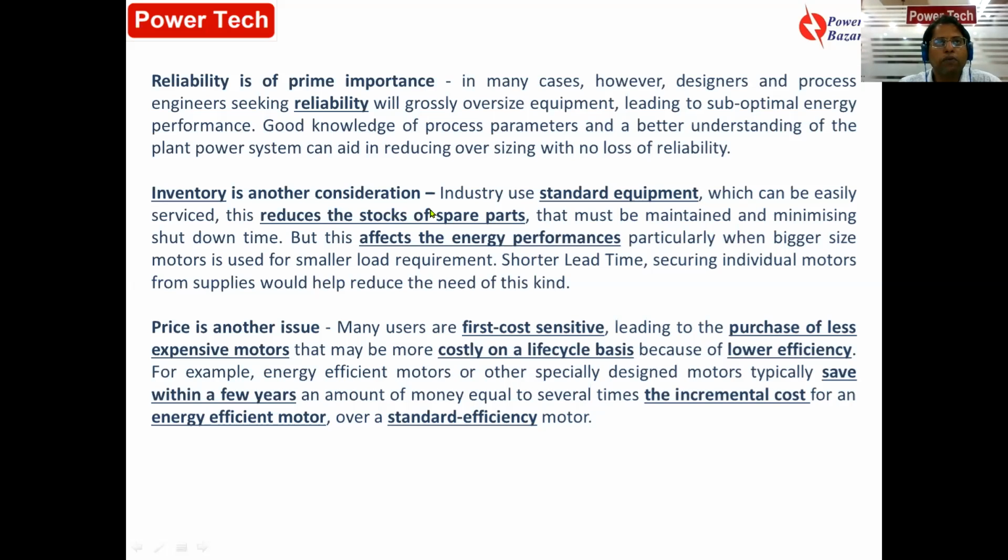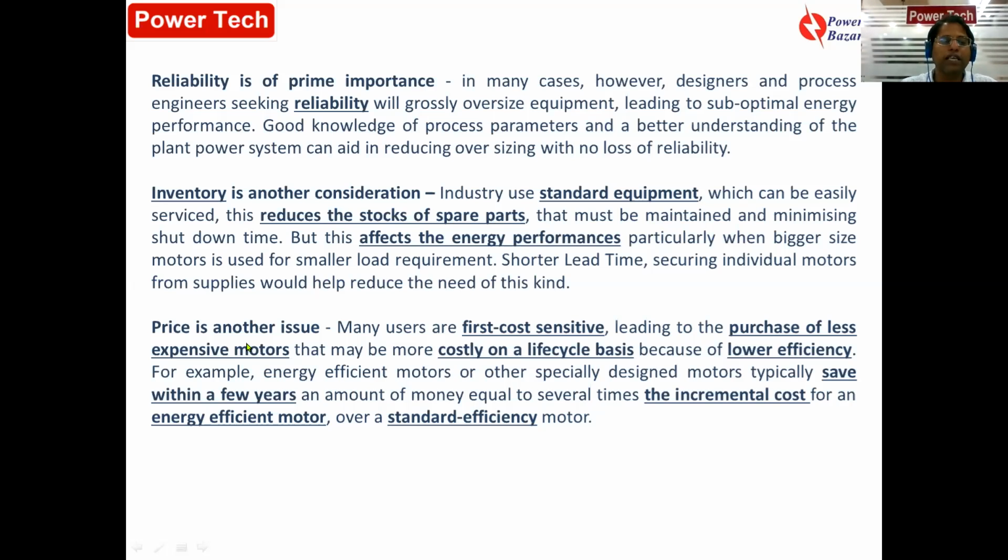Let us say a 7.5 kilowatt motor failed, then they have a 10 kilowatt motor. Normally, as per industrial practice, they use that 10 kilowatt motor instead of the 7.5 kilowatt motor, in case they don't have a spare of a 7.5 kilowatt motor. Though it will run, this will affect your energy performance. So in order to avoid that, you should have shorter lead time, and source good industrial motors from a supplier who is nearby, so that your energy performance will not get affected.